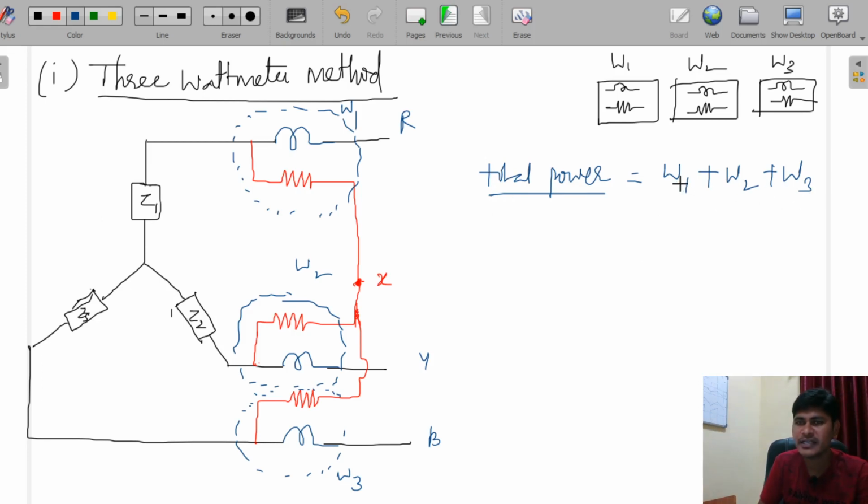What is W1? W1 is the reading given by wattmeter 1, W2 is the reading given by wattmeter 2, W3 is the reading given by wattmeter 3. So the algebraic sum of all wattmeter readings gives the total power consumed by this 3-phase load, whether the load is balanced or unbalanced, whether the load is star connected or delta connected.